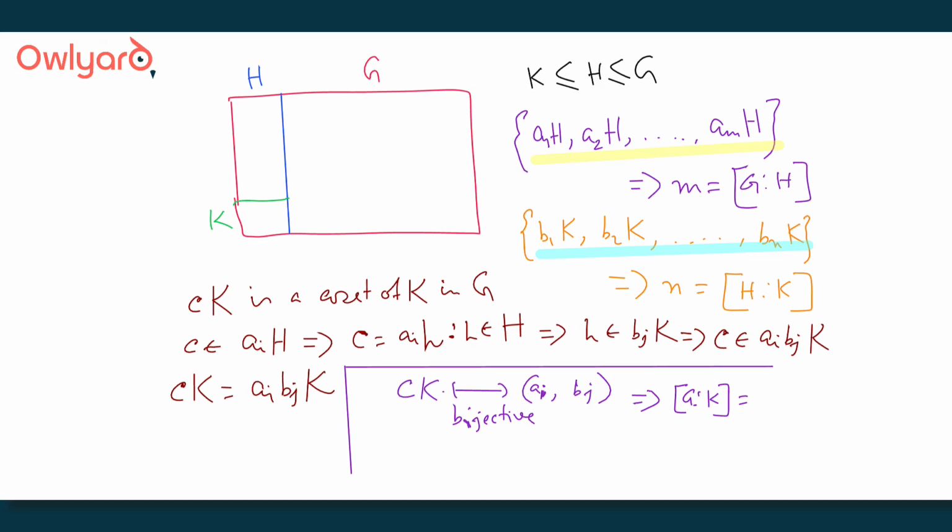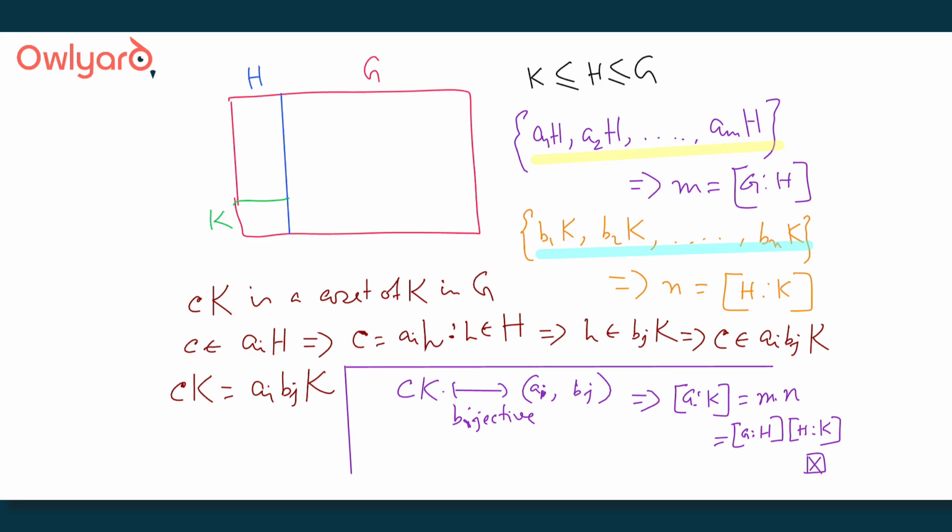So it must be the same as m times n, which, the way we have defined them, is the index of H in G times the index of K in H.